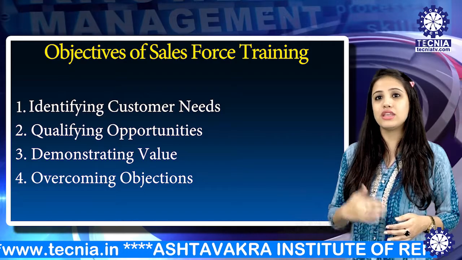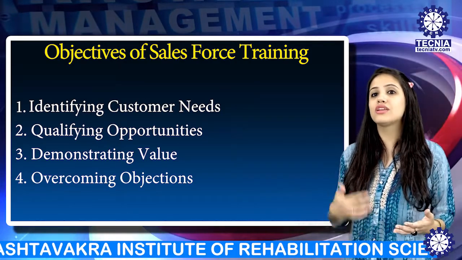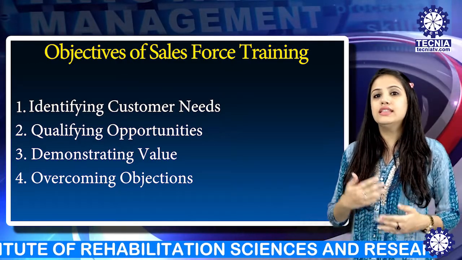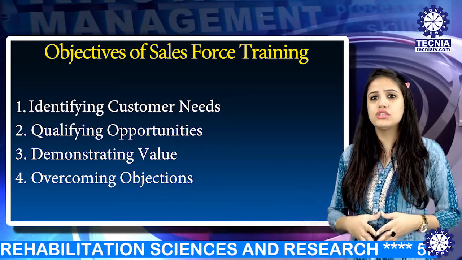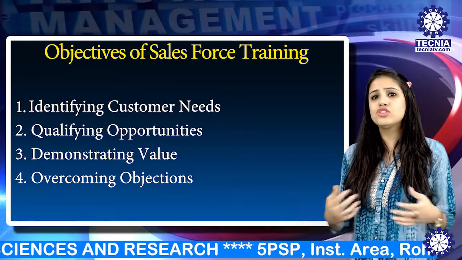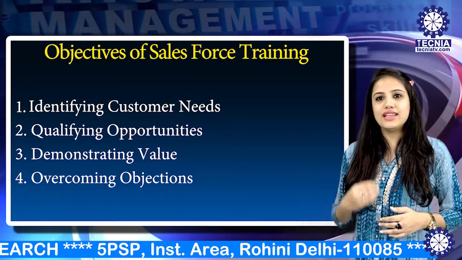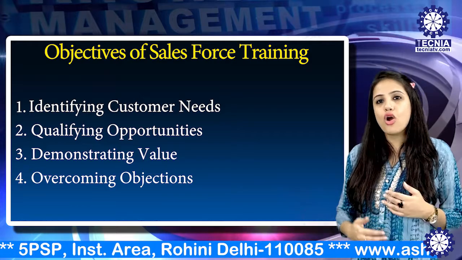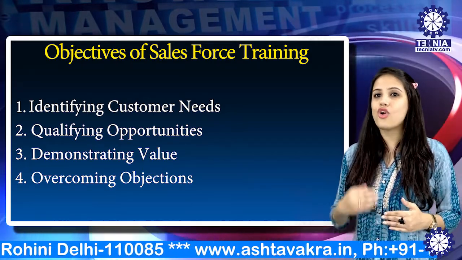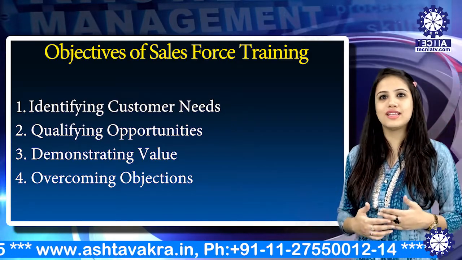A participant in a typical sales training program learns how to respond to a customer's questions. Generally at the time of selling, the seller faces a lot of objections from the clients or customers. Customers generally have a lot of apprehensions during the selling process. So this enables a salesman to handle all the objections effectively and efficiently and to clear the doubts and queries of all the customers. I hope you are clear about the objectives of sales training.